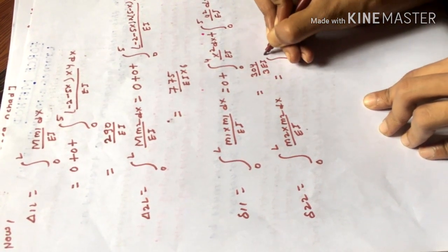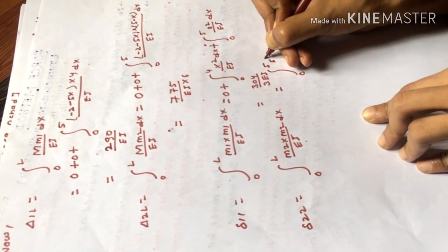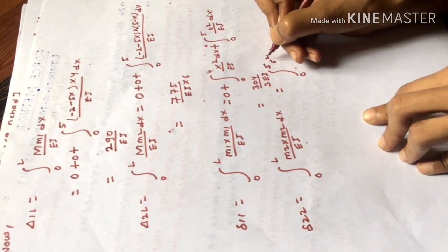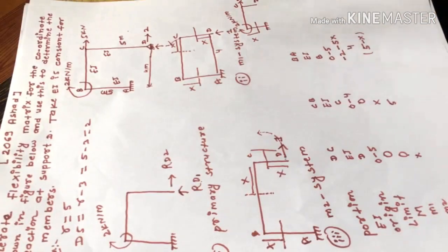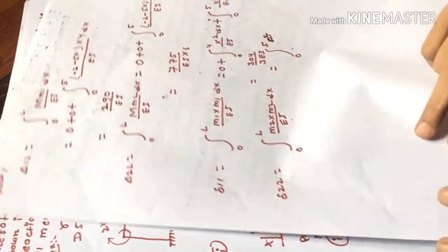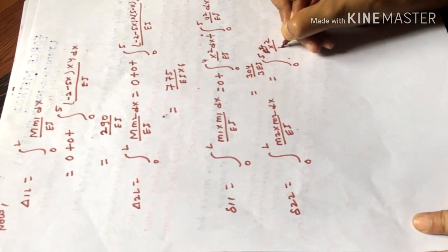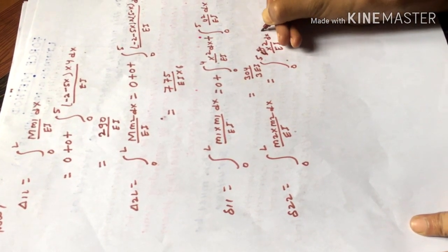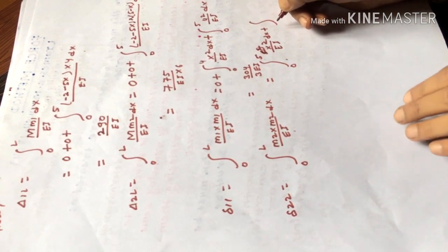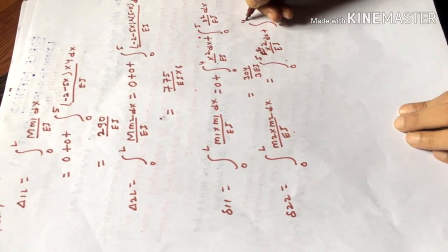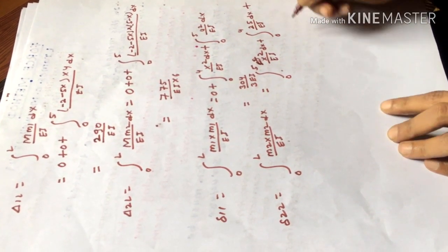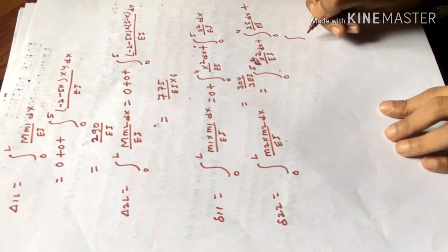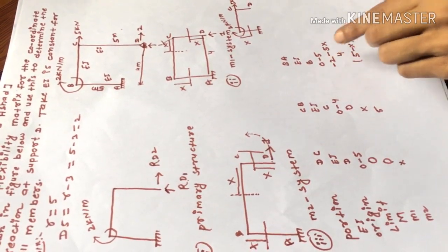At first, 0 to 5, first in the table we can see x, so x squared over EI dx, plus next, 0 to 4, 5 into 5 means 25 over EI dx, plus next, in the table we can see 5 minus x and the limit is 0 to 5.